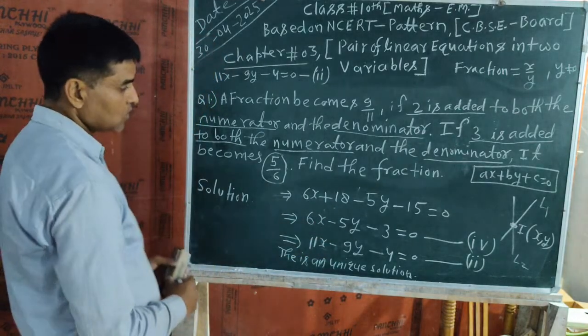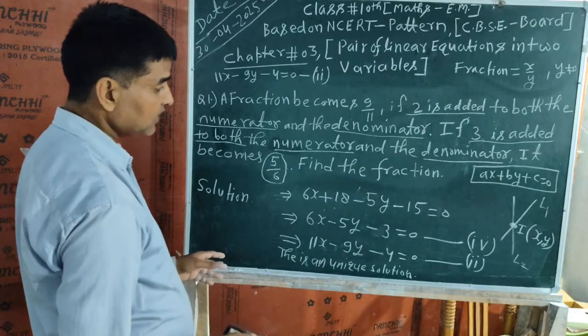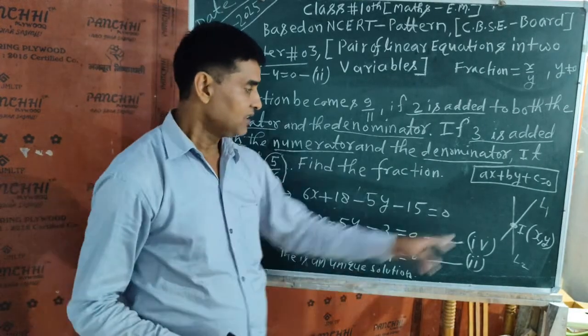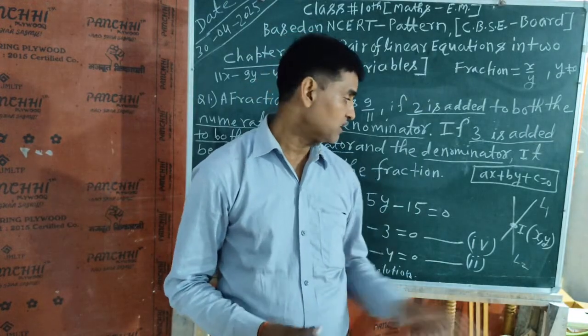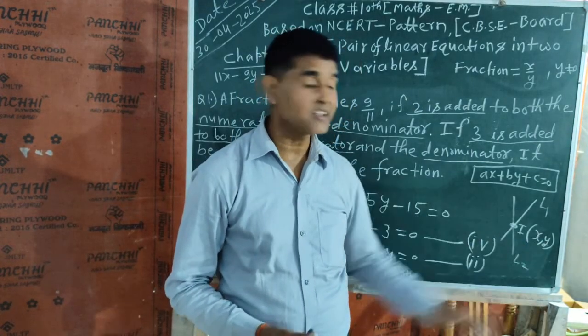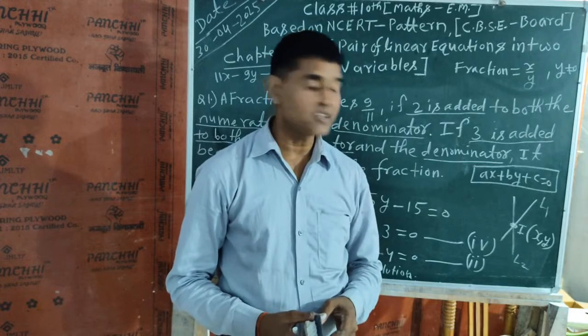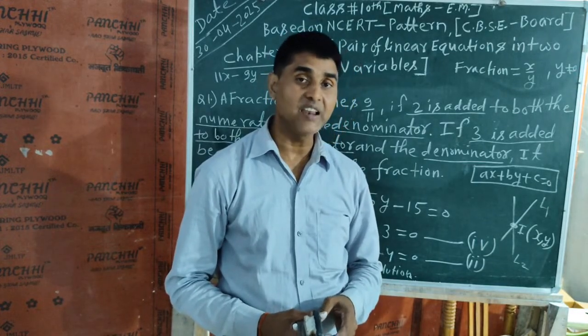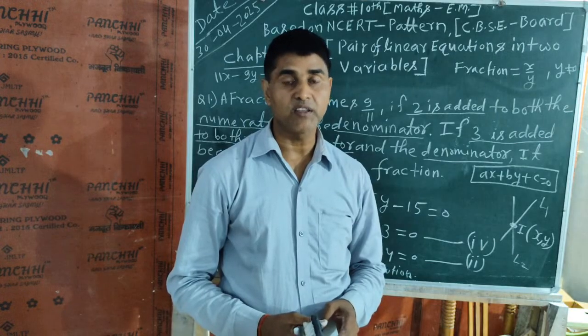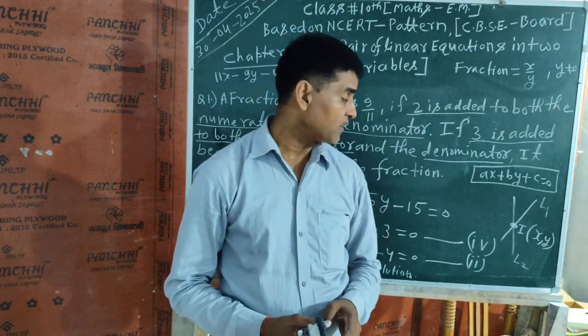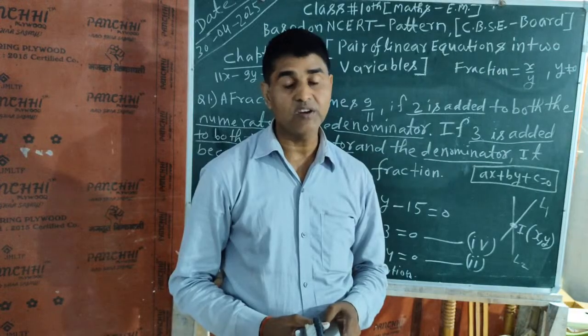Okay, student, so here in the first condition there are two methods to calculate the value of x and y, but I will use any one method from the two. One method is the elimination method, and the other is the substitution method. Any method I can use to find the value of x and y. Okay, student, you are independent.